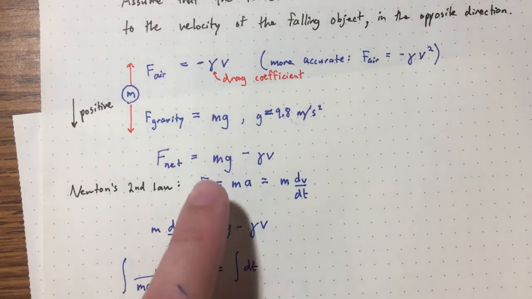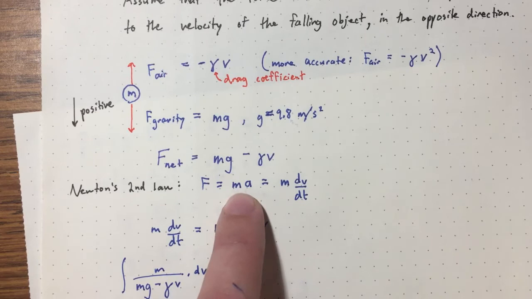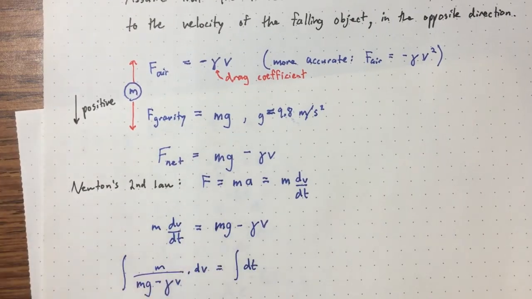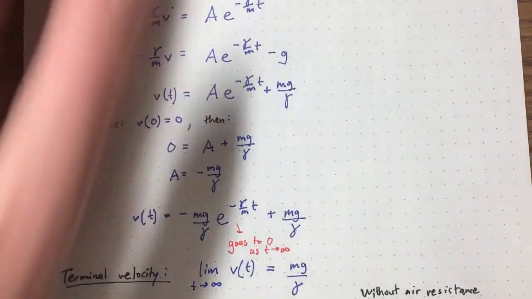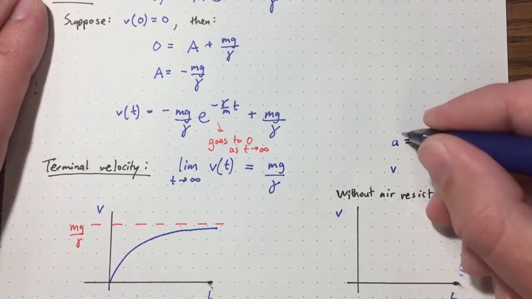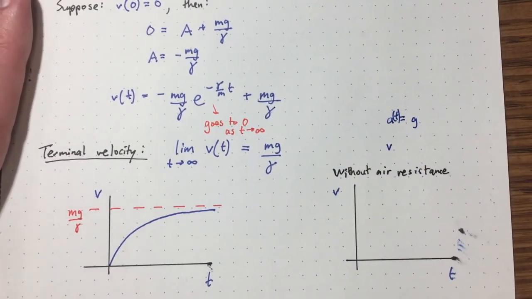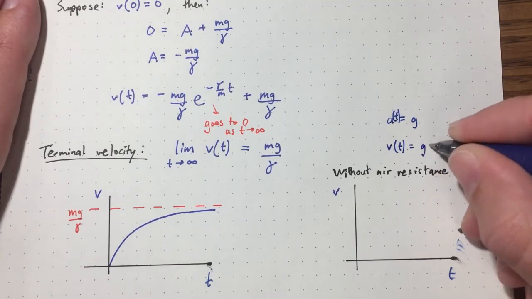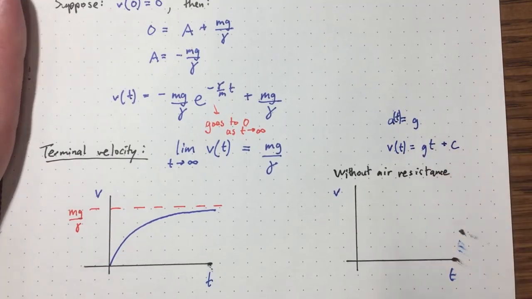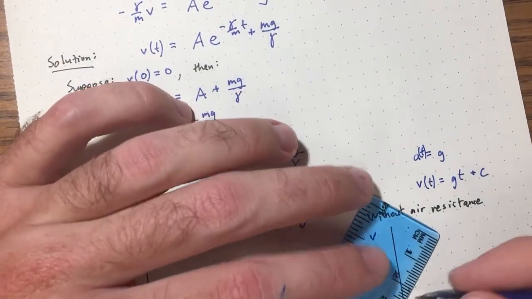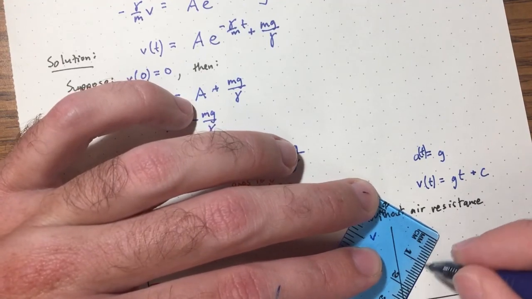And so Newton's second law tells us ma equals mg, or a equals g. So the acceleration is just a constant, g. Then v of t is going to be gt plus some constant. If we're starting at rest, that constant is 0. And so the velocity is just going to be a linear function.